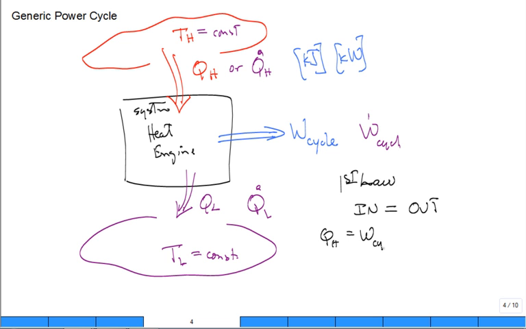Work of the cycle and QL. Here again, we've overridden our sign convention. Our illustration shows us the direction of QH and the direction of QL, and both are positive. One's in, one's out.